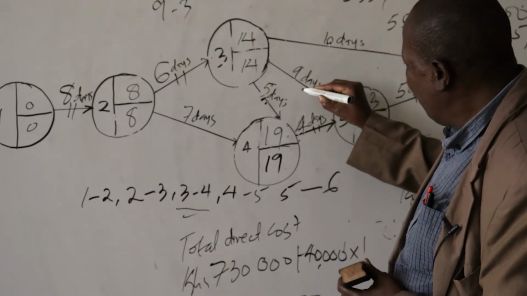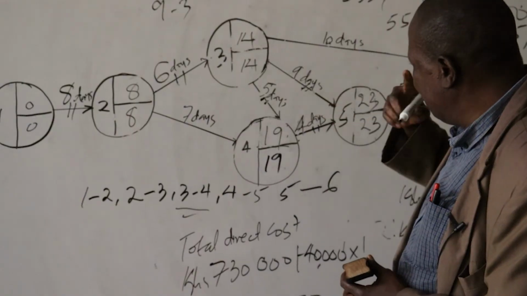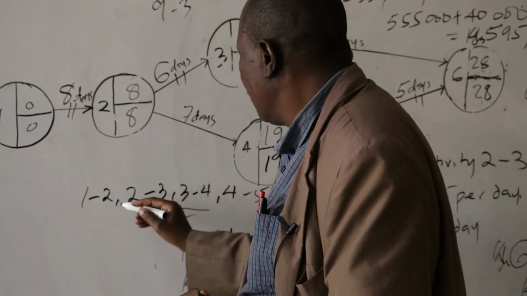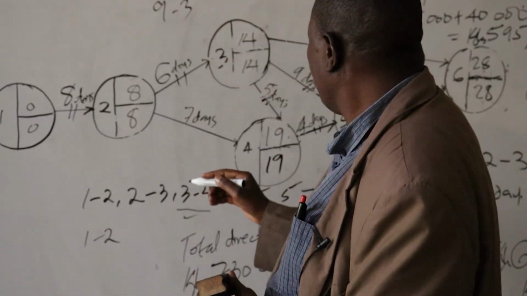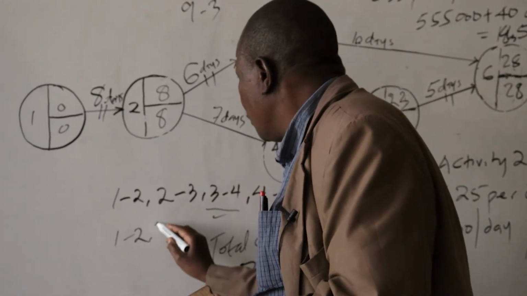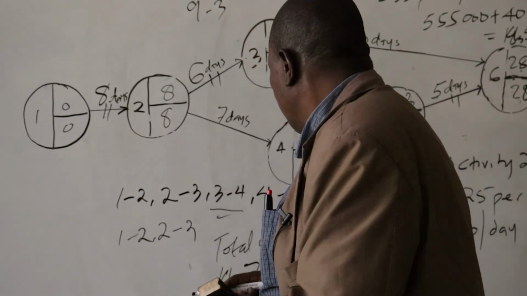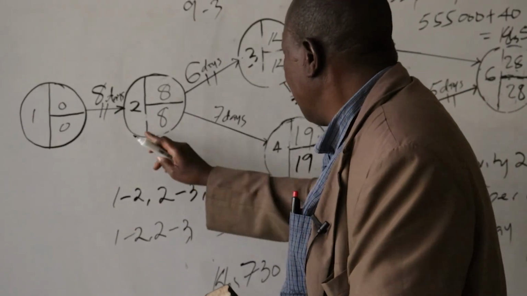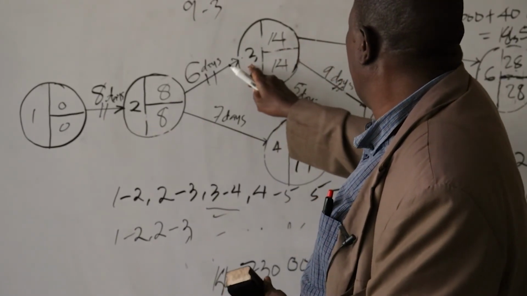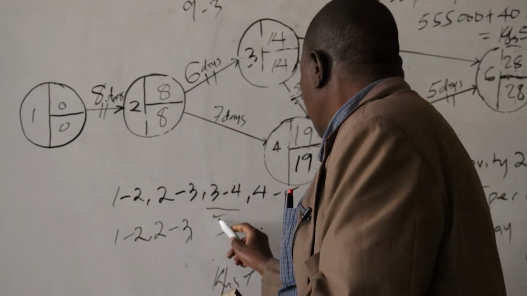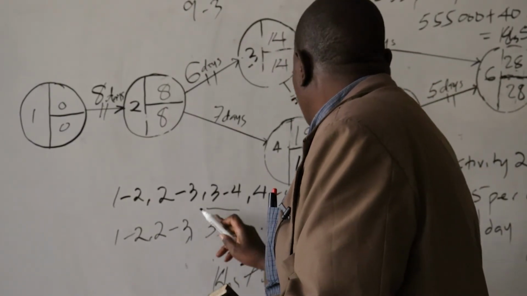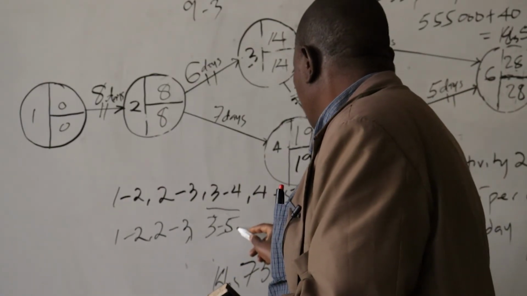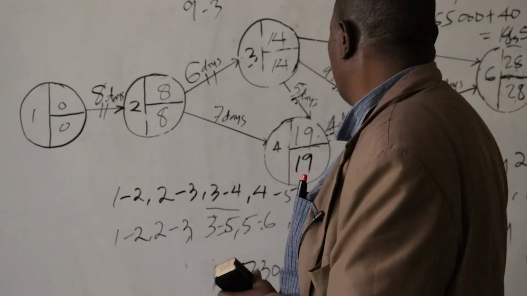So another critical path has been developed: 1 to 2, 2 to 3, 3 to 5, then 5 to 6.